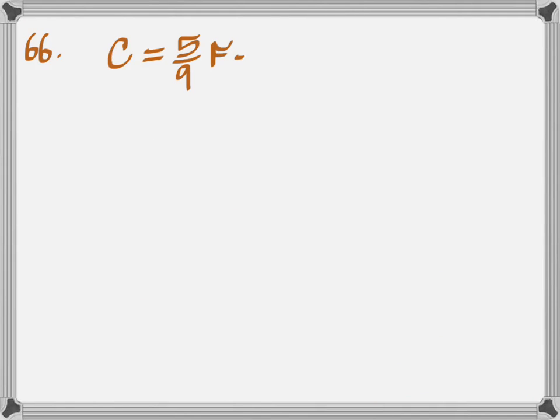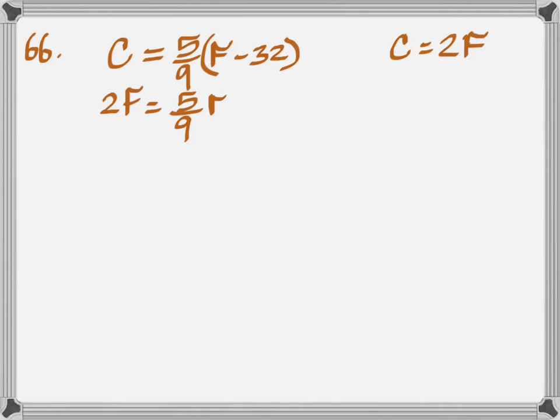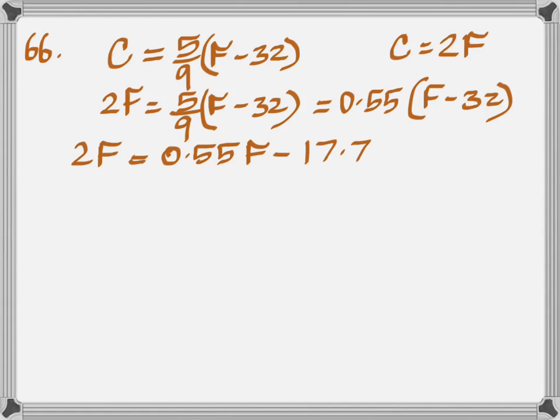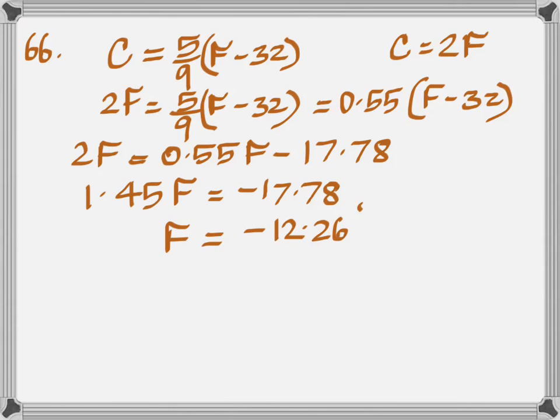That's how you change. And here, doesn't it say C is twice? Right? And so simply substitute that. In place of C, put 2F. Five by 9 is 0.55. Negative 12.26 degrees.